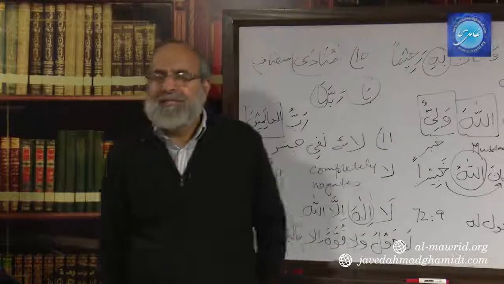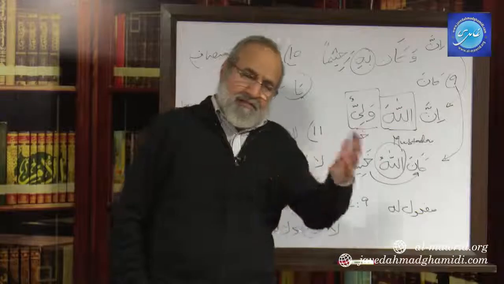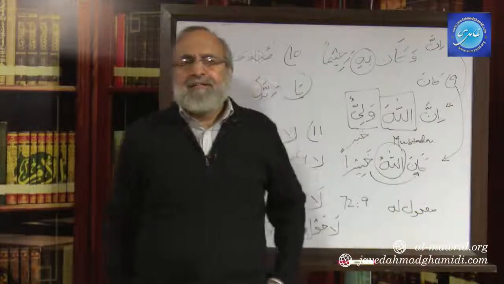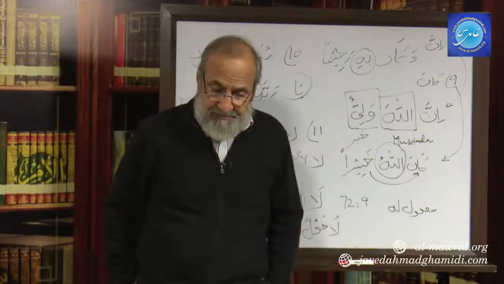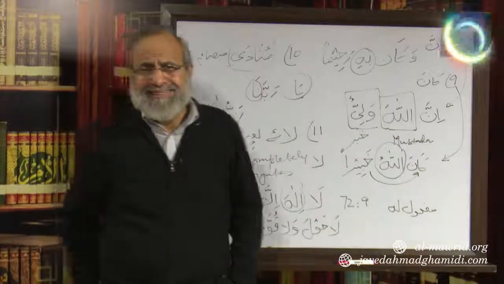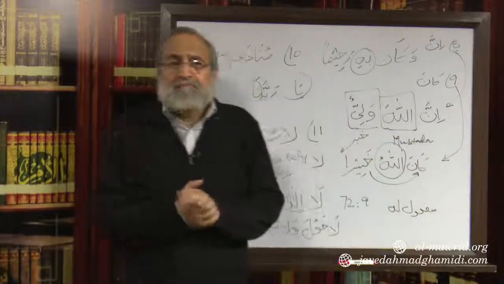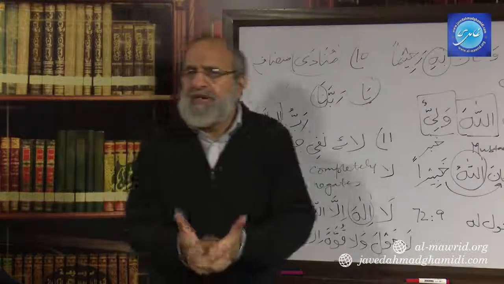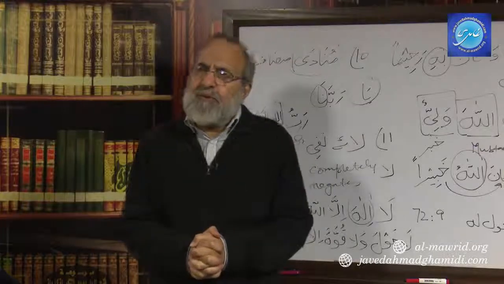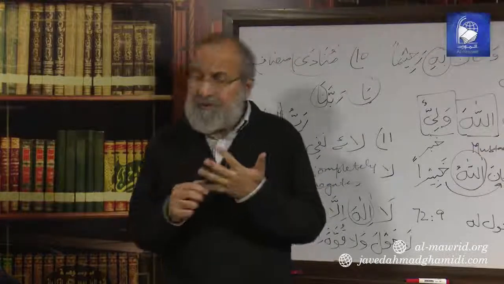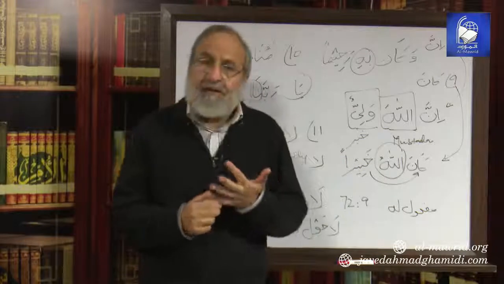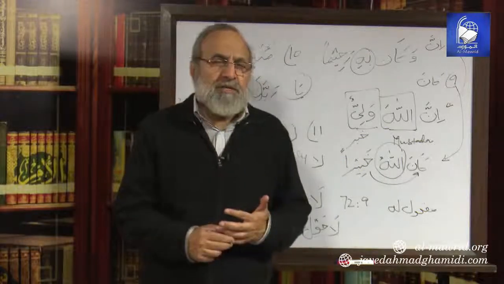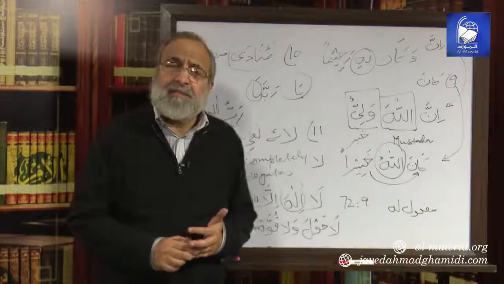So there we are. We have done in this and the earlier presentations all 11 mansubat. And we have seen that there are a number of reasons why in a sentence when a noun appears, it appears in the form of nasab. So we have done maf'ul bihi, we have done halat, we have done maf'ul lahu, we have done maf'ul mutlaq, we have done tamyiz.